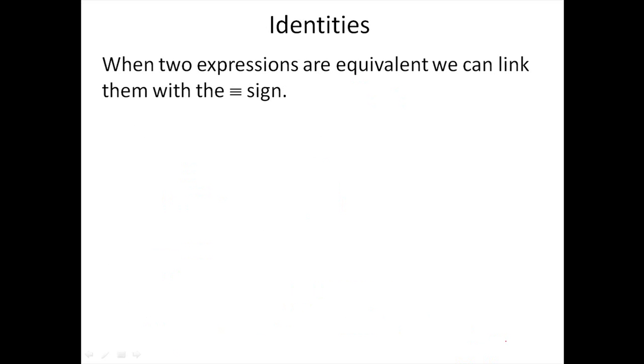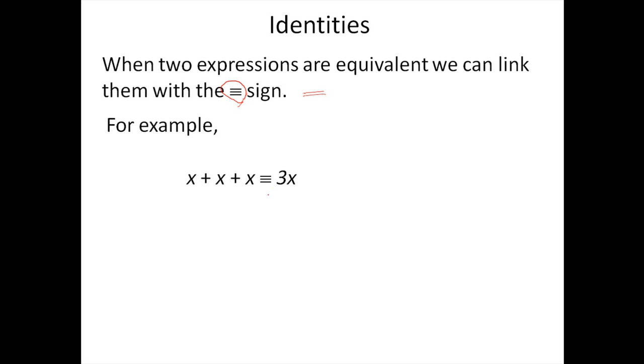Identities are important. When 2 expressions are identical, then we denote them by this 3-bar sign. It's called the identity sign. Okay? It's slightly different than the equal to sign. In the equal to sign, you've seen 2 bars. Here we write 3 bars. And I'll explain the difference in a moment.